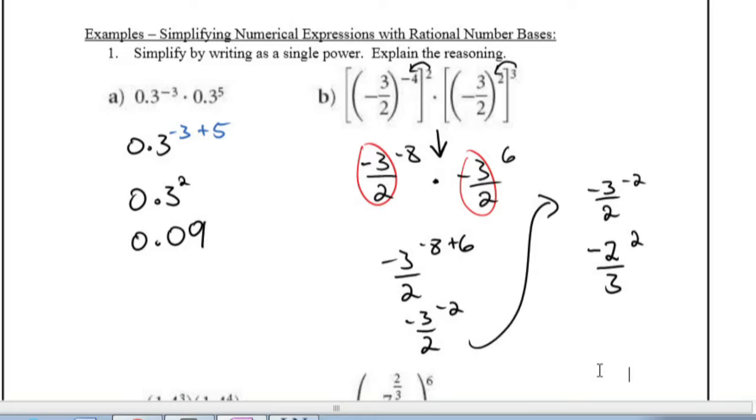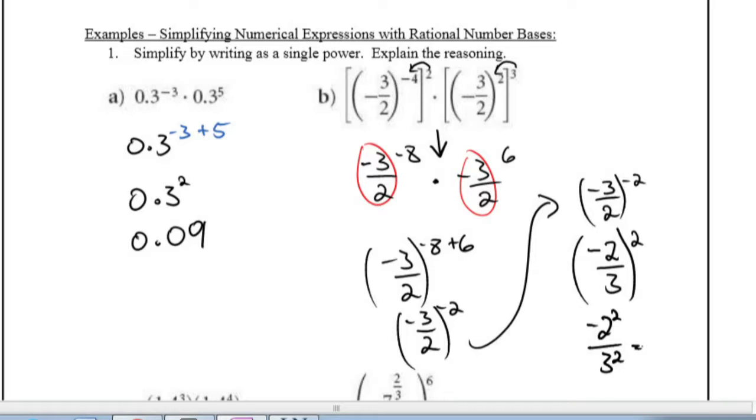Now, this is all squared, so I did forget my brackets here and here. Negative 2 to the power of 2 over 3 to the power of 2 is going to give me positive 4 over 9.